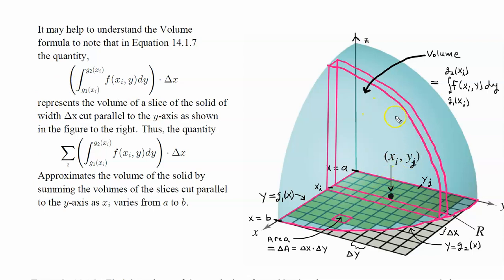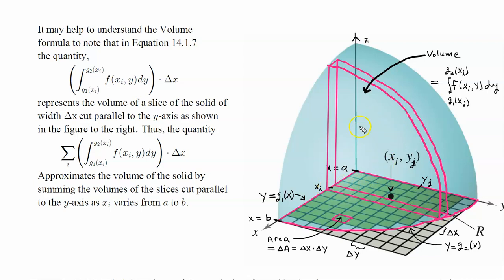When we're trying to calculate the volume of this solid right here, here's another way to think of it. If you partition the x-axis like we have partitioned here, and you take a thin little slab, you see this slab right here that we've taken. Now that slab has a width delta x.